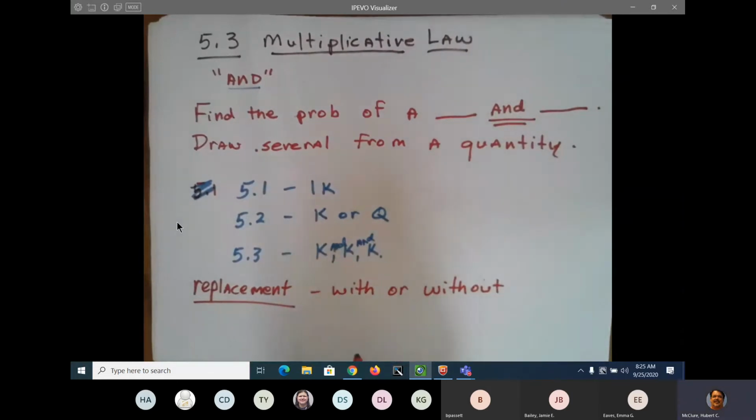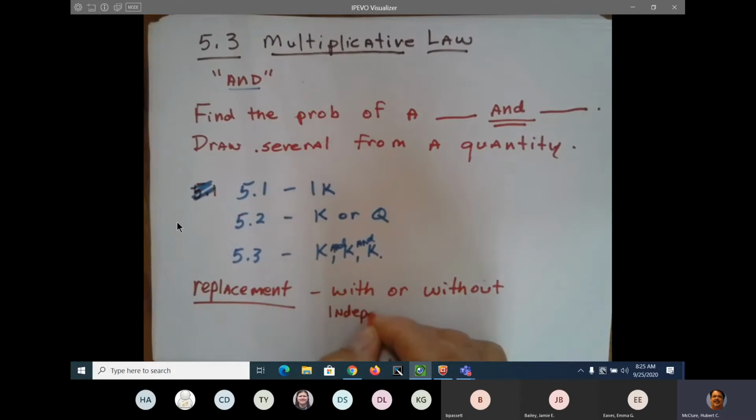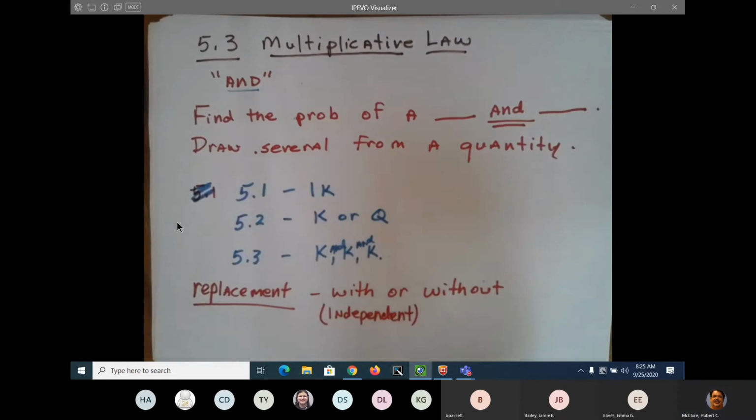With replacement means that you pick a marble out of a bag, you put the marble back, and it does not change the mathematics. That's called independent. Make sure you write down independent for with replacement, because they'll ask that in the homework and the test, and you got to know what it's talking about. With replacement is independent. Now I'll explain this more here in just a minute. Without replacement is dependent.